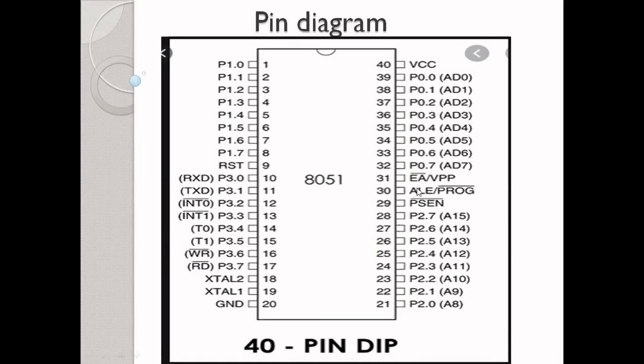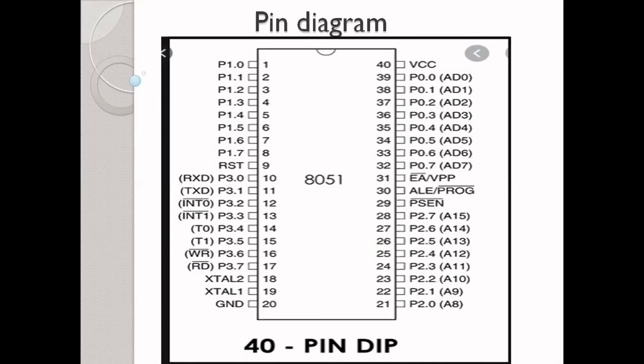Next, EA. EA means external access. What does external access mean? It is used to enable the external memory. In the microcontroller, we can connect a maximum of 64 kilobytes of external memory. If I want to enable the external memory, I have to give a low signal. That is called OE, output enable.